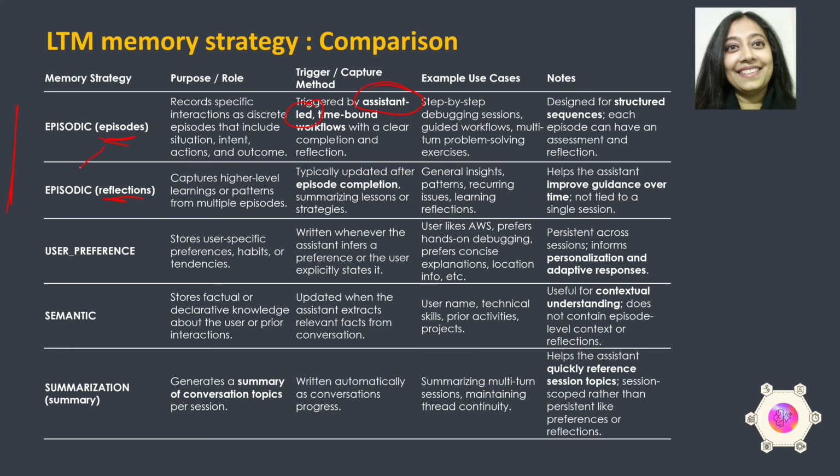Along with episodes, it also has reflections. And reflections are nothing else but lessons learned, insights, or some form of pattern coming out of it. So basically, it should be something that you can learn from, as you are reflecting on it. Just like how humans go back and reflect on something, and that's where we gain insight or learn something. That's exactly how this works.